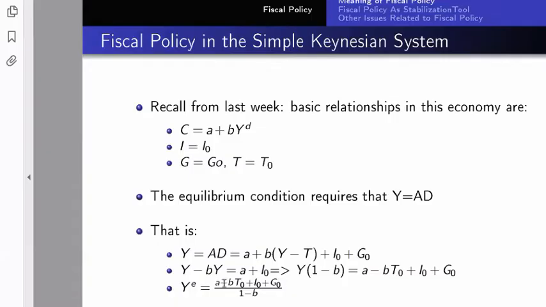Now let's look at them. Don't forget the autonomous elements are this G naught, the I naught, autonomous tax, and A. What we've gotten to is pure mathematics. If we want to know how much YE will change if G naught changes by a certain amount, all we need to know is this.